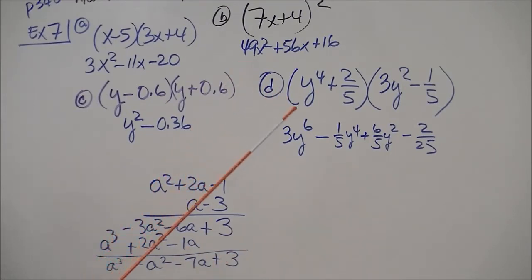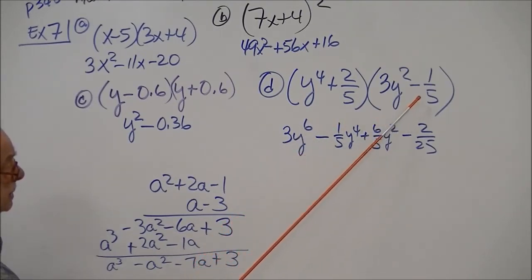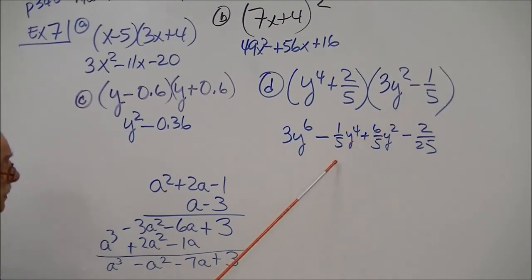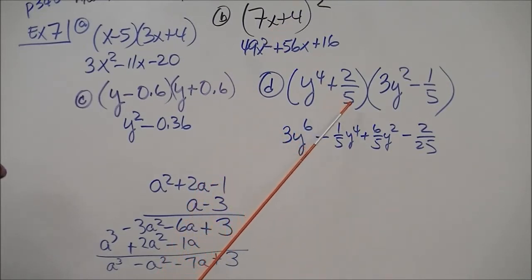Now in letter D, this one was a little tricky, but just do it. This times this will be 3y to the 6th. So that's not too bad. Now when you do your outers, it's just a negative 1/5 times y to the 4th. Notice here we don't get like terms.